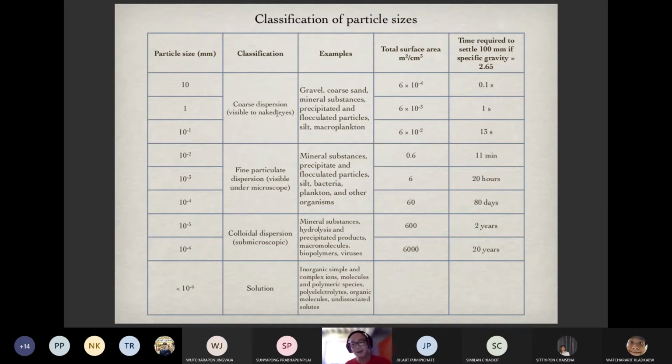These particles can be visible to our naked eyes. Here are some examples of coarse particles generally found in water: gravel, sand, precipitated forms of some mineral substance, and some kind of plankton.